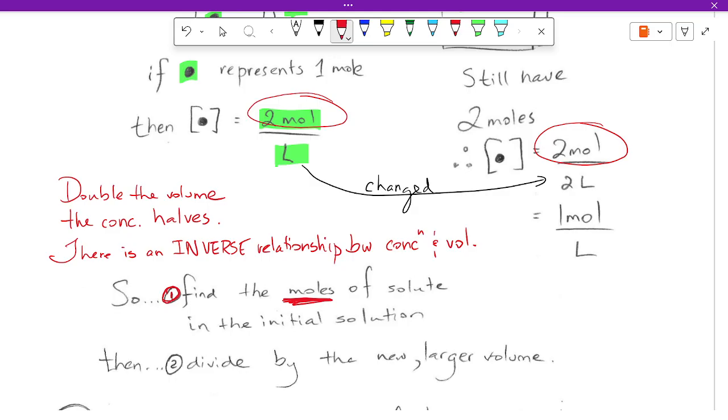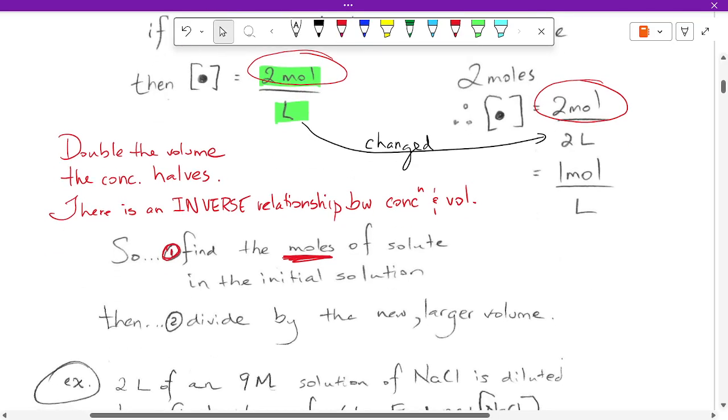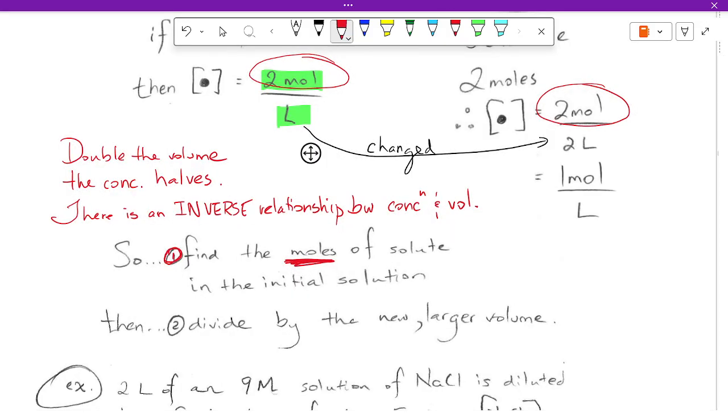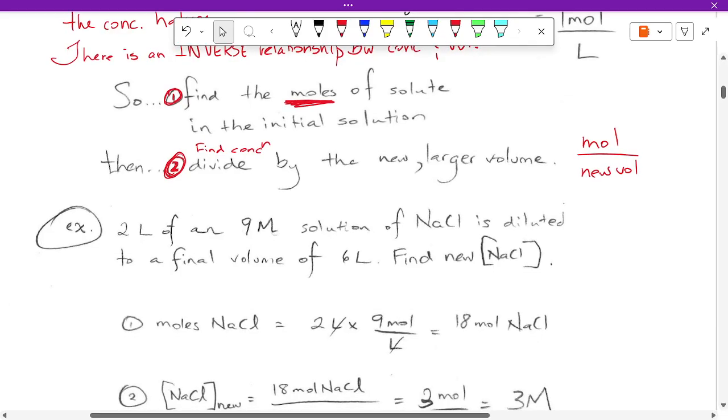So 1, find the moles. 2, if you're being asked to find the concentration, you just take your moles and you divide by the new larger volume. Yes?